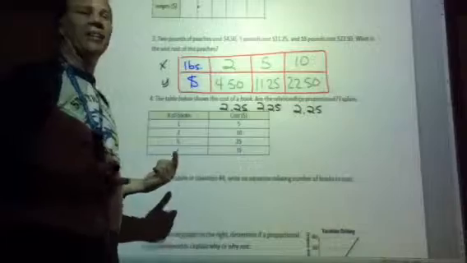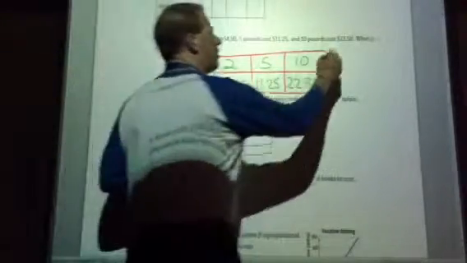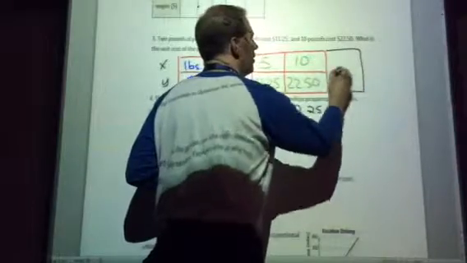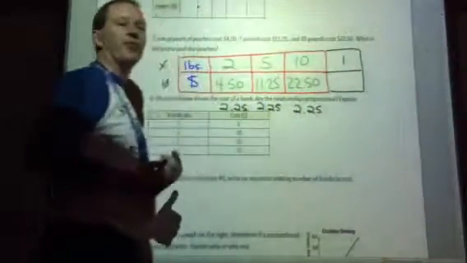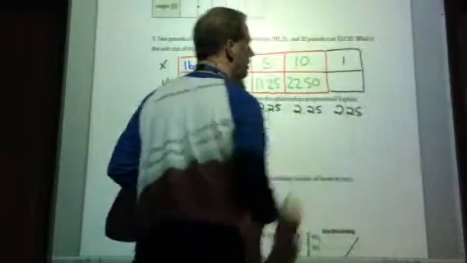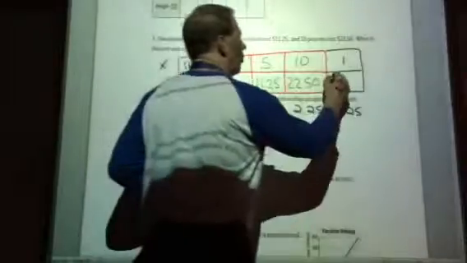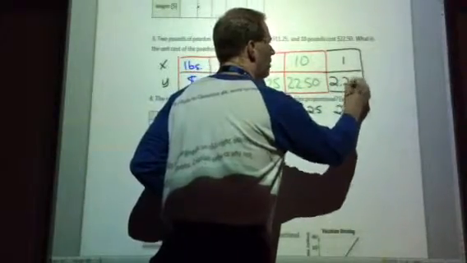The second thing that this tells us is what our unit cost is. Because if I were to extend this chart, and I wanted the price of 1 pound of peaches, remember, because this is proportional, this is also going to be 2.25. So our unit cost is going to be what this rate of change is. 1 pound of peaches is going to cost $2.25.